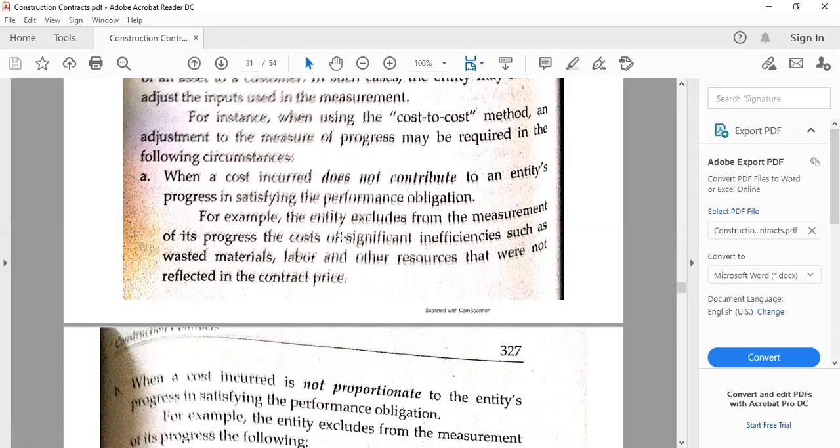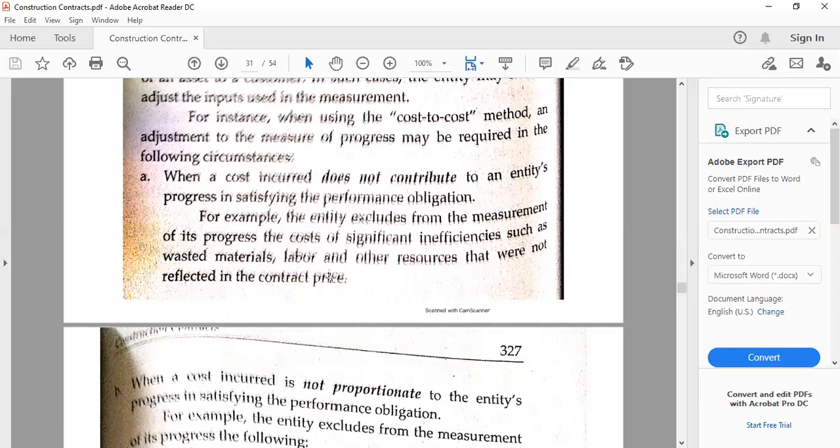For example, the cost of significant inefficiencies, such as wasted materials, labor, and other resources that were not reflected in the contract price. Of course, these are not matters beyond the control of the company. These are matters that resulted from inefficiencies by the management of the construction company, so it is unfair if we charge this to our customer.